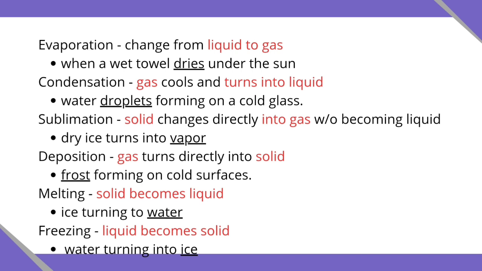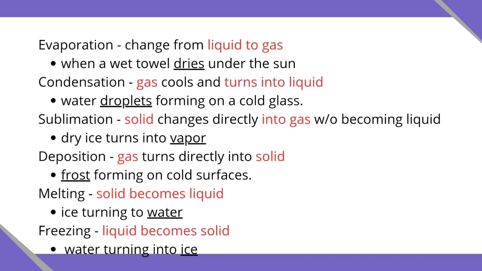The 6 types of changes in states of matter. Evaporation is the change from liquid to gas, such as when a wet towel dries under the sun, while its opposite process, condensation, happens when gas cools and turns into liquid, like water droplets forming on a cold glass. Sublimation occurs when a solid changes directly into gas without becoming liquid, as seen when dry ice turns into vapor, and its reverse process is deposition, which happens when gas turns directly into solid, such as frost forming on cold surfaces.